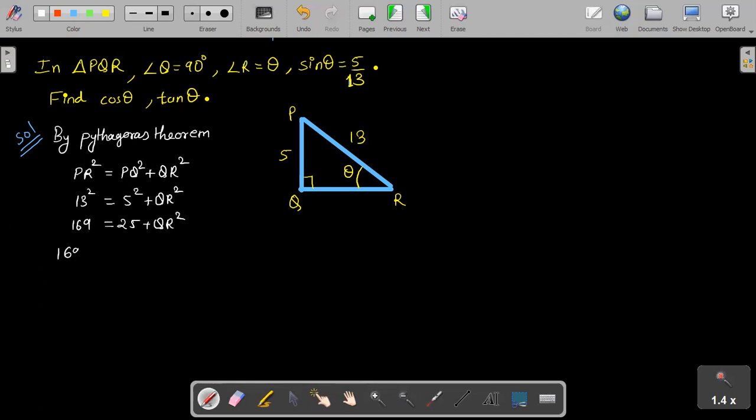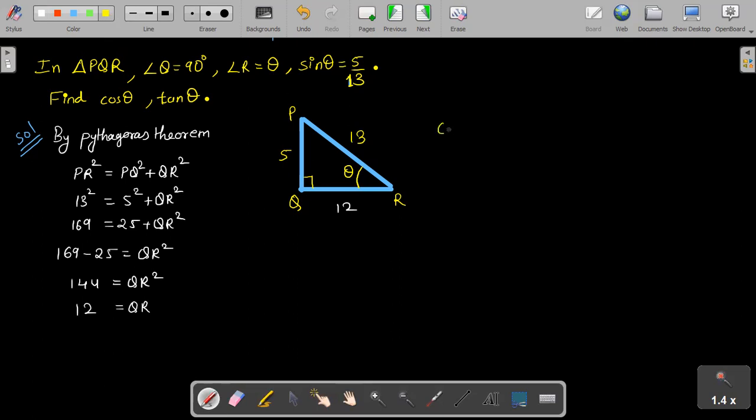This will become 169 minus 25 equals QR square. This gives 144 equals QR square. Since QR square is 144, QR is 12. Let me write it here. Now it is easy for us to write the value of cos theta and tan theta.